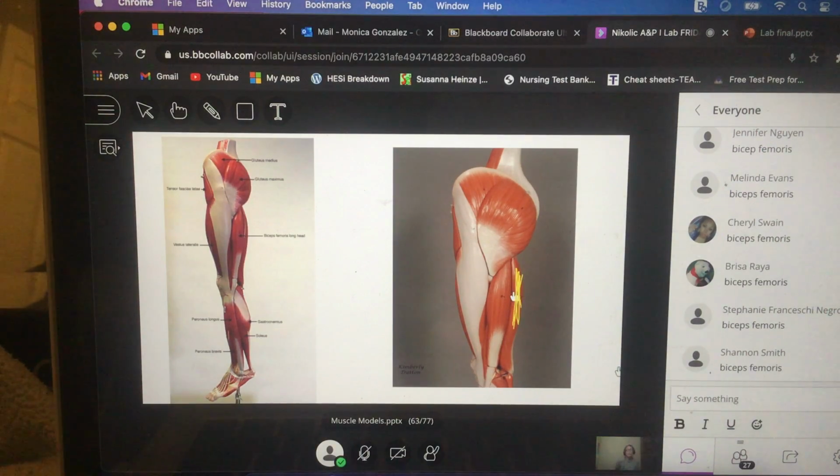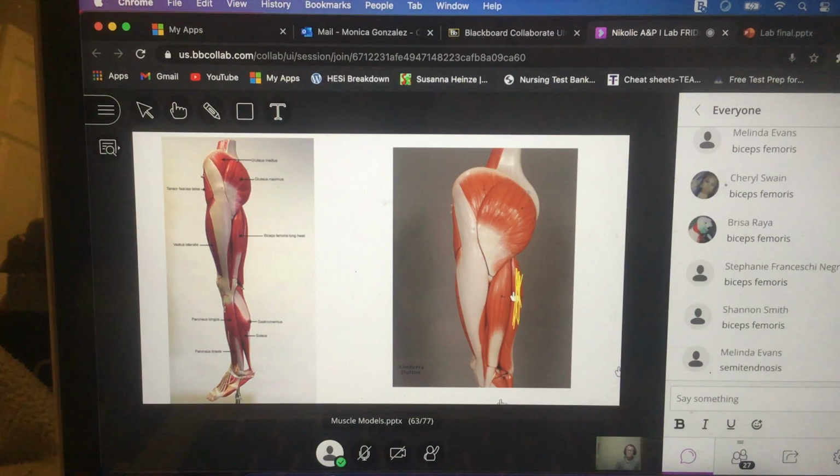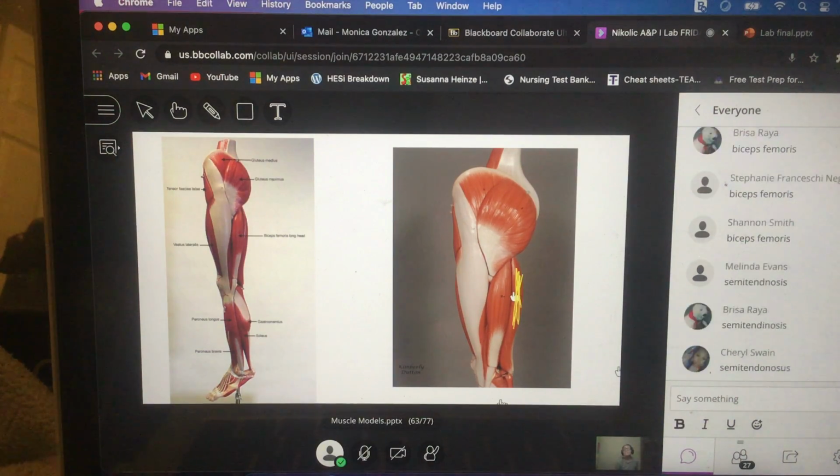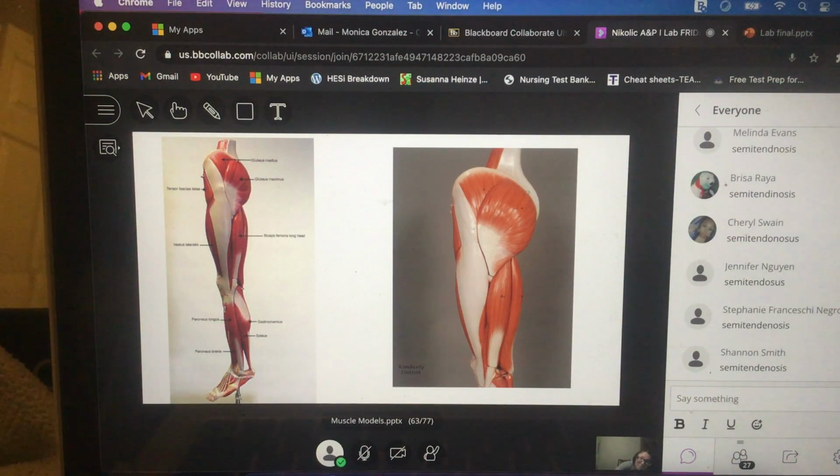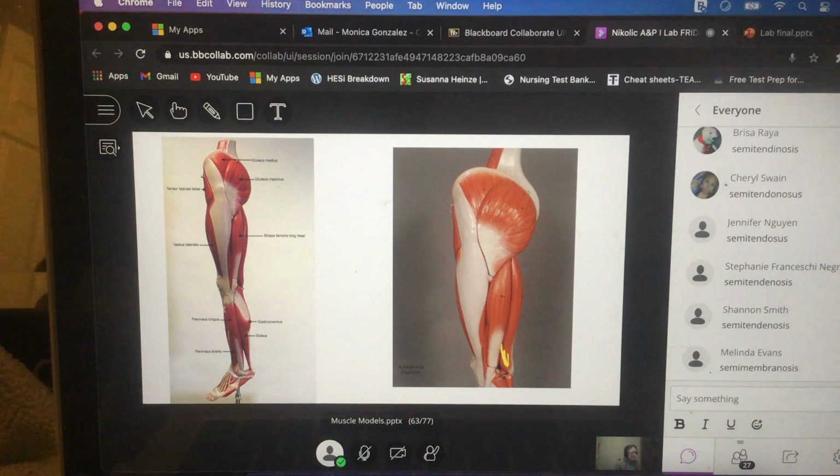Don't overthink it. What's right beside the biceps femoris, medially? Semitendinosus on top. Now, guys, you can see this. What's that little part right down there? Semimembranosus. All right, that's it.